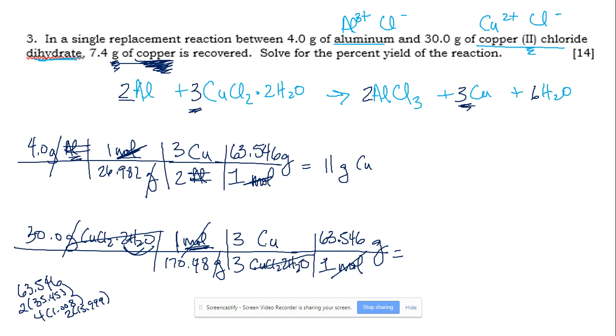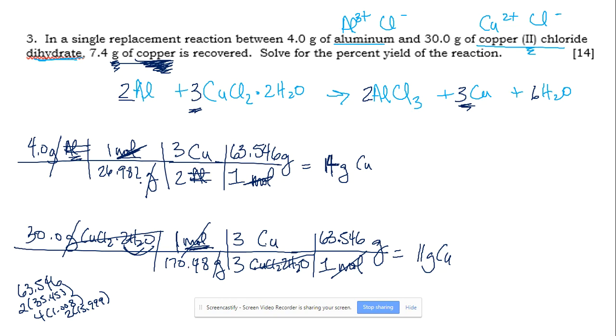And we get, oh dear, we get 11 grams of copper because I actually did this math wrong. It should have been 14. I was looking at the wrong answer. My bad. So back up the video a little bit. If you were like, how did she get 11? I didn't get 11. I got 14. So sorry.